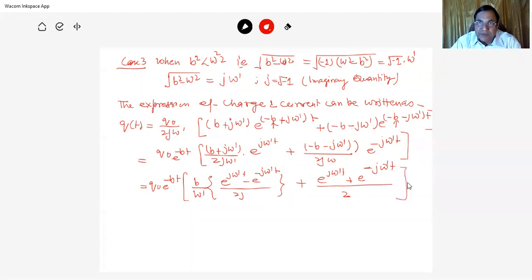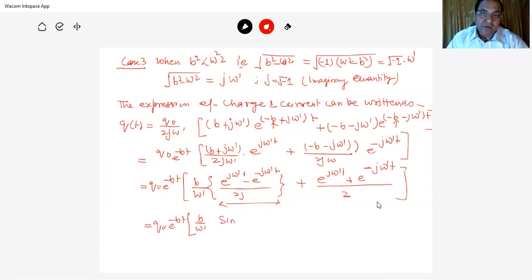This value is given as Q0 e raised to the power BT, B by omega dash, and this factor is sine omega dash T plus this factor is cos omega dash T, because e raised to the power J omega dash T is equal to cos omega dash T plus J sine omega dash T, and e raised to the power minus J omega dash T is equal to cos omega dash T minus J sine omega dash T.